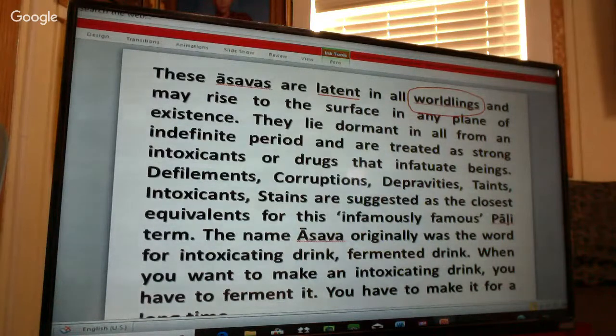And in a different explanation, they are treated as a very strong intoxicant, very strong drugs. All infatuated beings are like a drunkard because of these four kinds of asava.